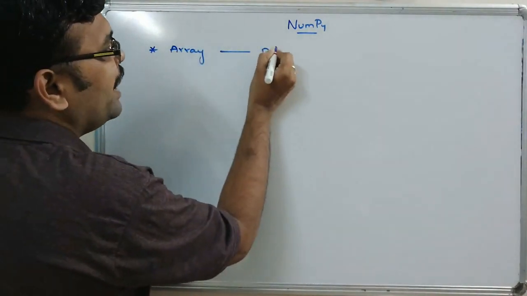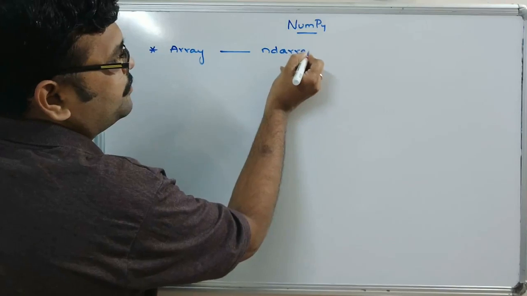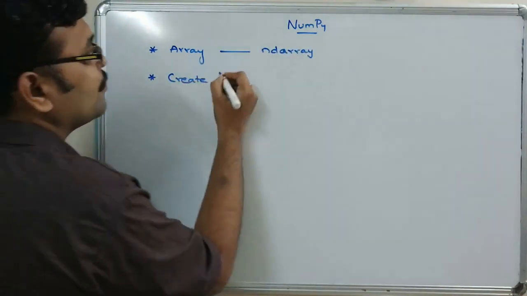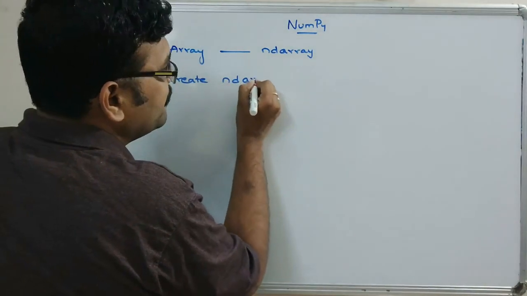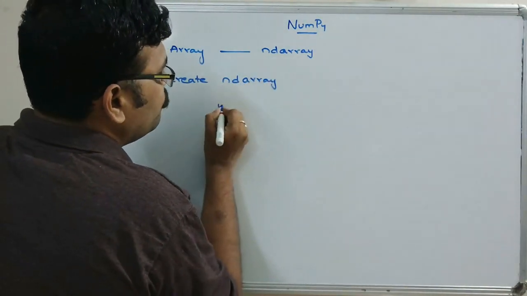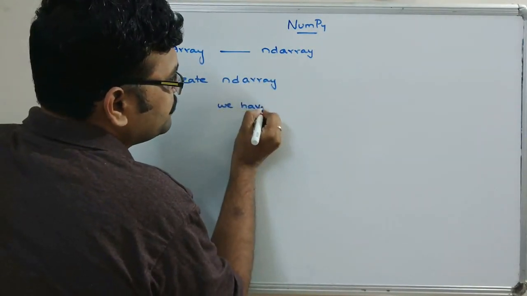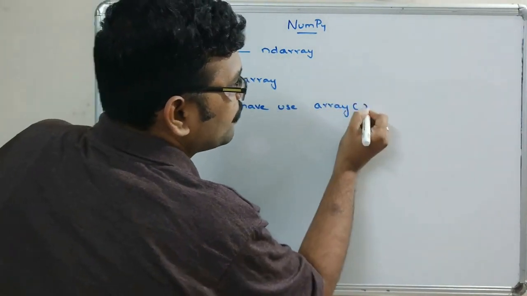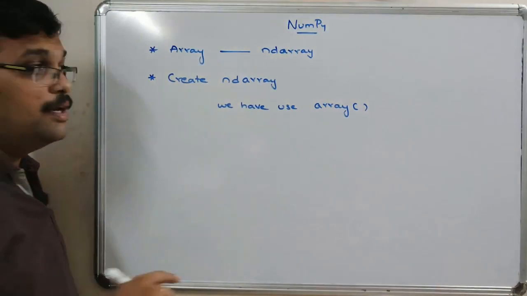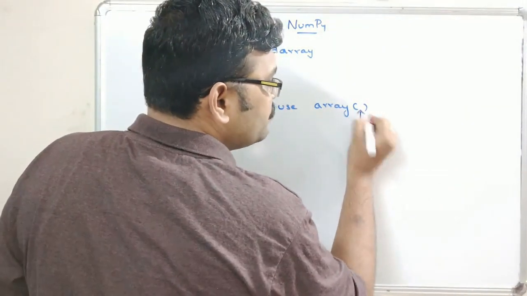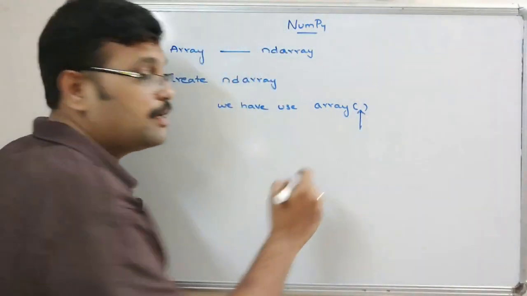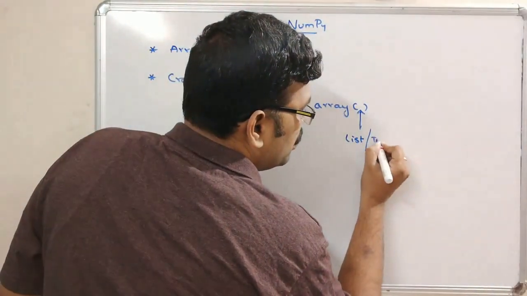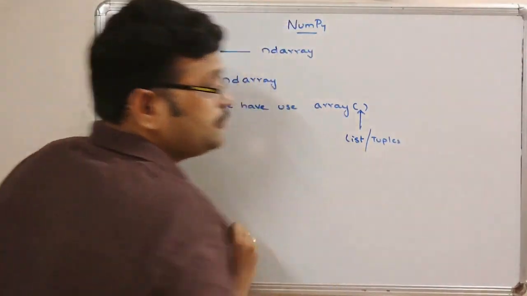Here array means ND array. In order to create ND array, we have to use the array function. In this function we have to pass the parameter as a list or tuples.